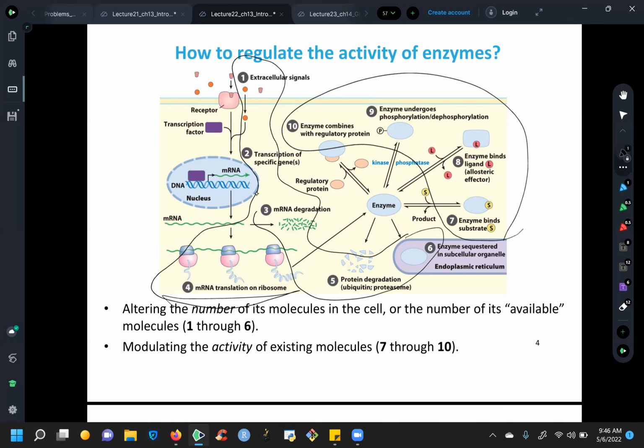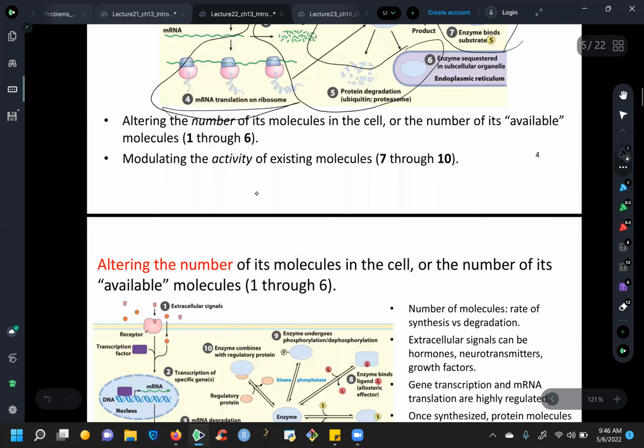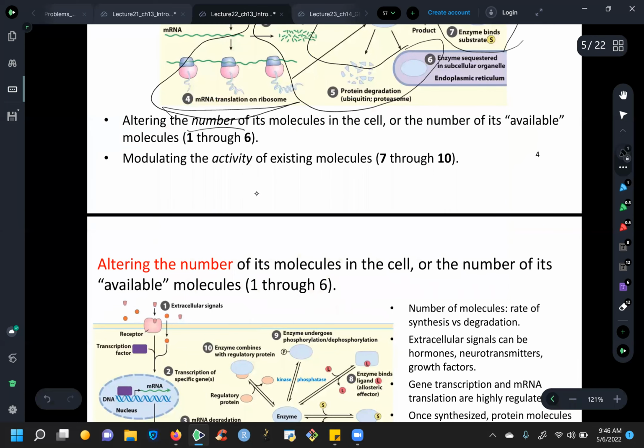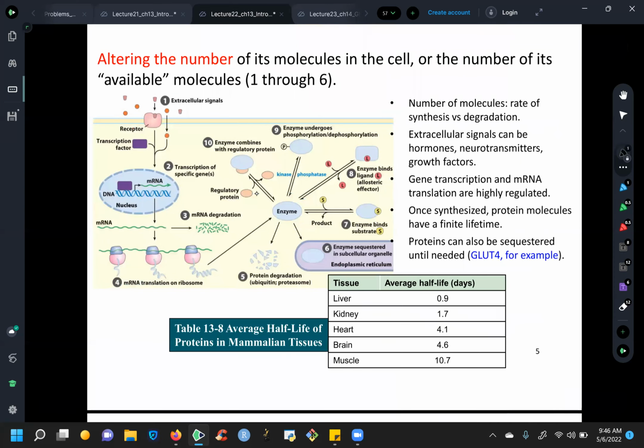Definitely check out the video if you want to see that in detail. So steps 1 through 6 alter the number of molecules in the cell or the number of available molecules, and 7 through 10 modulate the activity. Steps 1 through 6 concern the number of molecules, the rate of synthesis versus degradation.